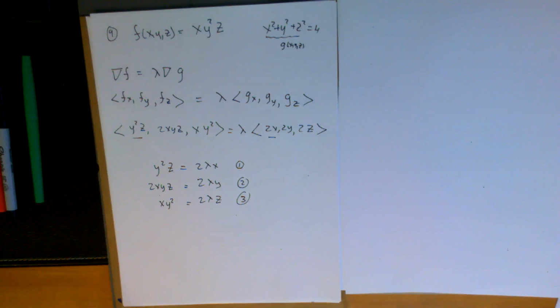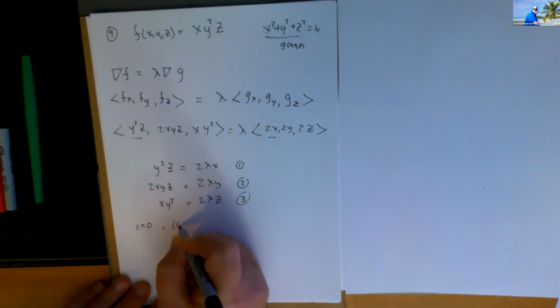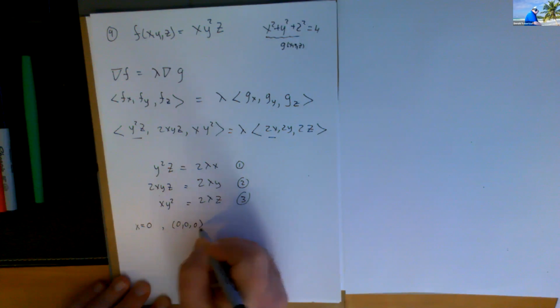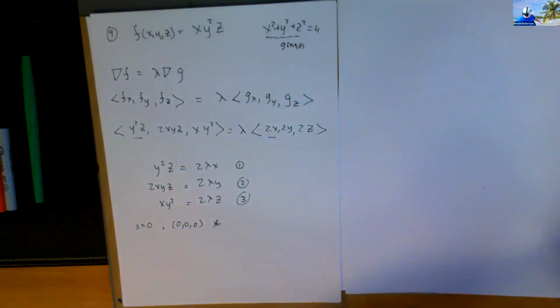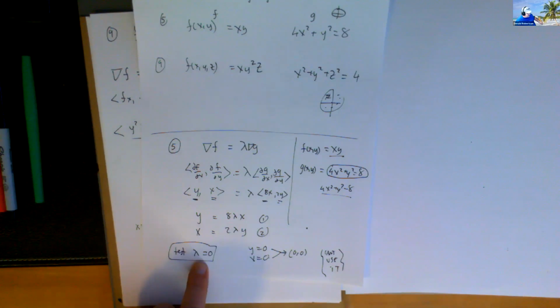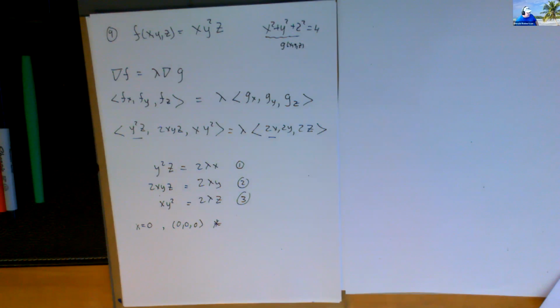Now, suppose lambda was 0. Can you trust me that you get 0, 0, 0, and it doesn't work? So we'll pretend I did that. Oh, by the way, do you know the mathematical reason why you have to test lambda equals 0 separately? When I do this process, don't I take equation 1 and equation 2 and divide them?